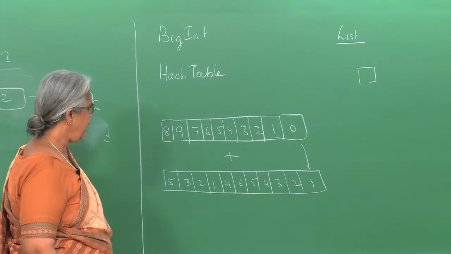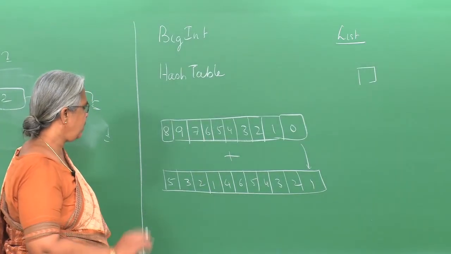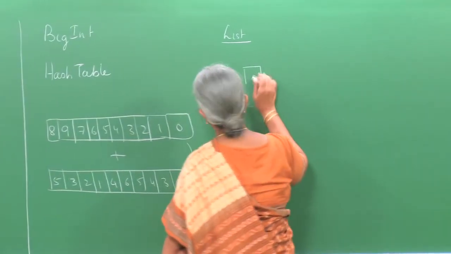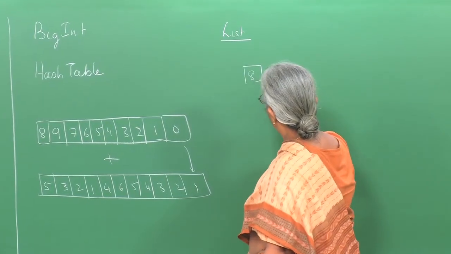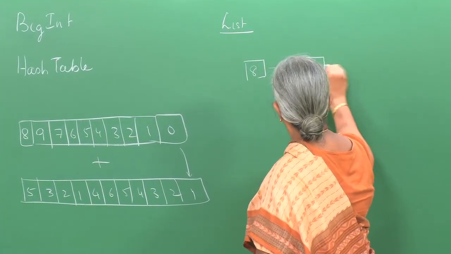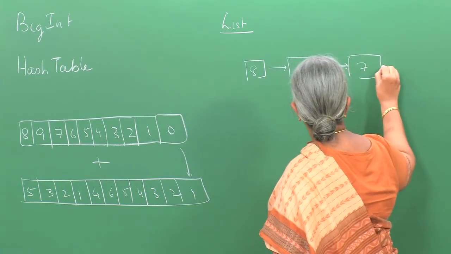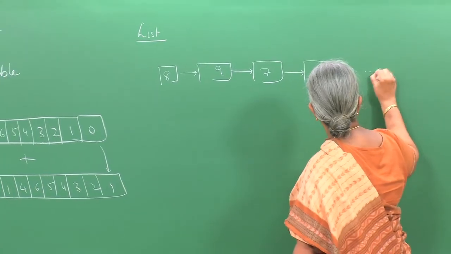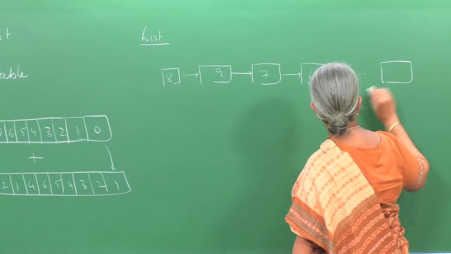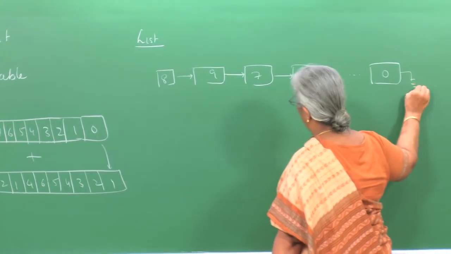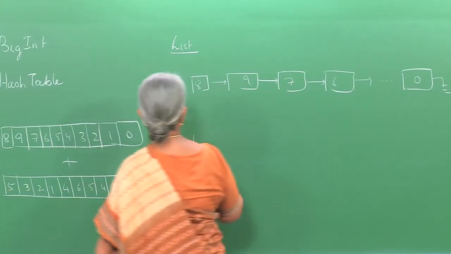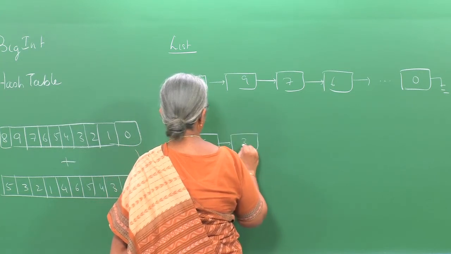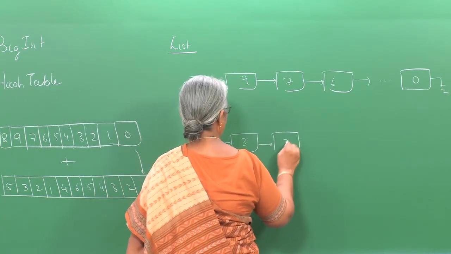So the way to do this using lists, I am just going to give you an idea here. What we want to do is you create a list with the elements 9, 7, 6, 5 and so on. It may be actually convenient to put them in reverse order. I am not going to give you the details why you would do that.